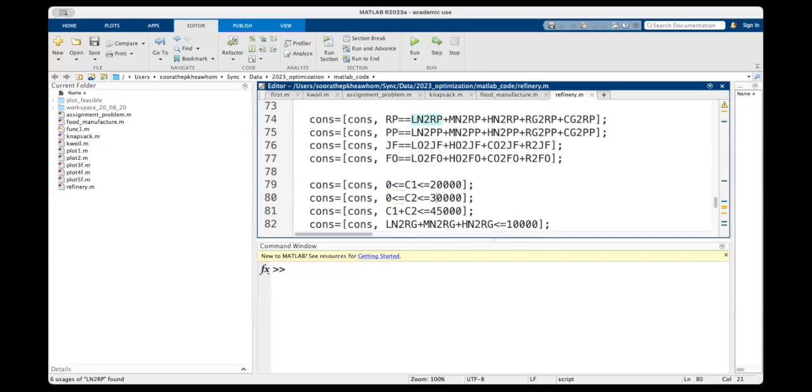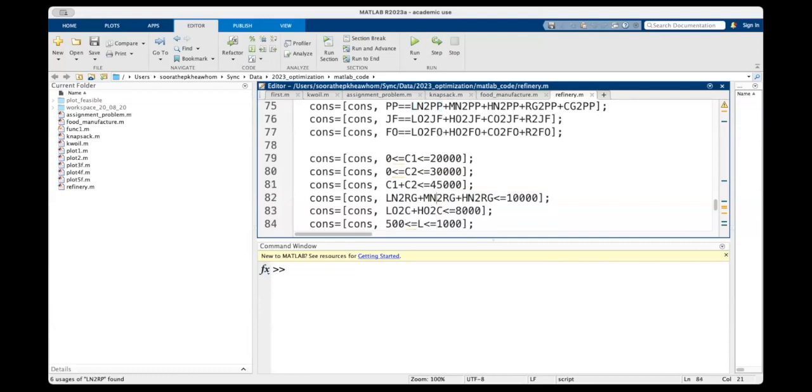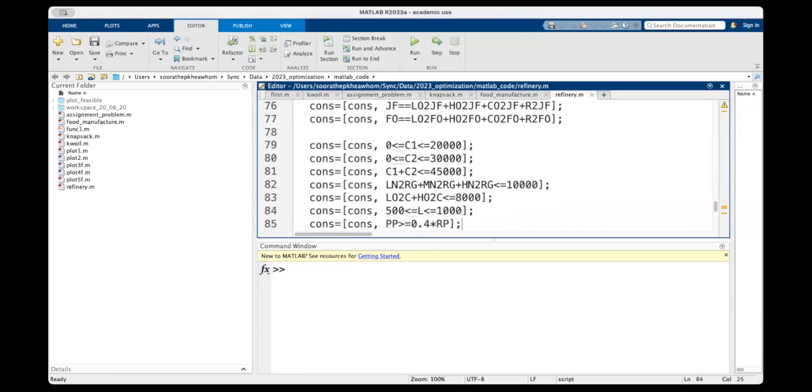C2 must be less than 30,000, and the summation of C1 and C2 must be less than 45,000. And the capacity of the reformer is 10,000, right? And the availability, capacity of the cracking process is 8,000.